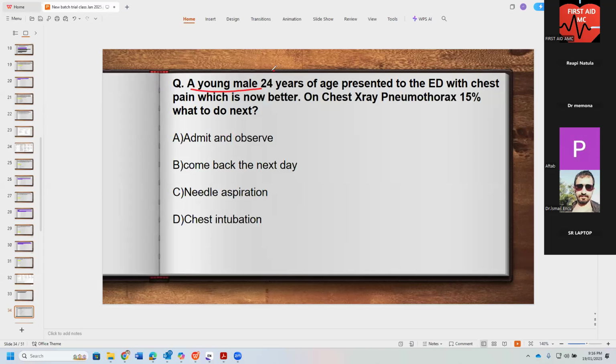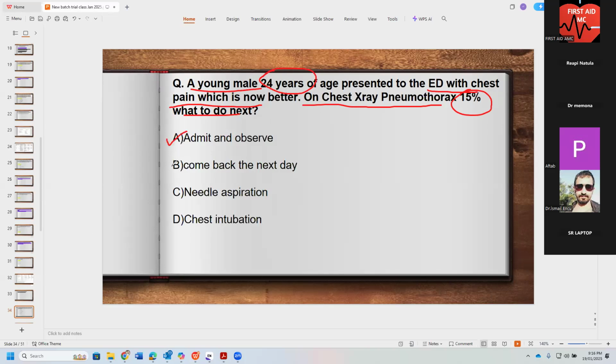A young male, 24 years of age, presented to the emergency department with chest pain, which is now better. On chest x-ray, pneumothorax is 15%. What do you want to do next?